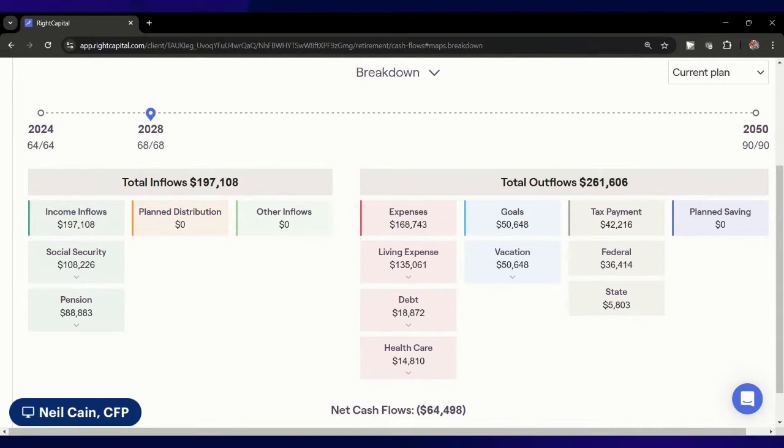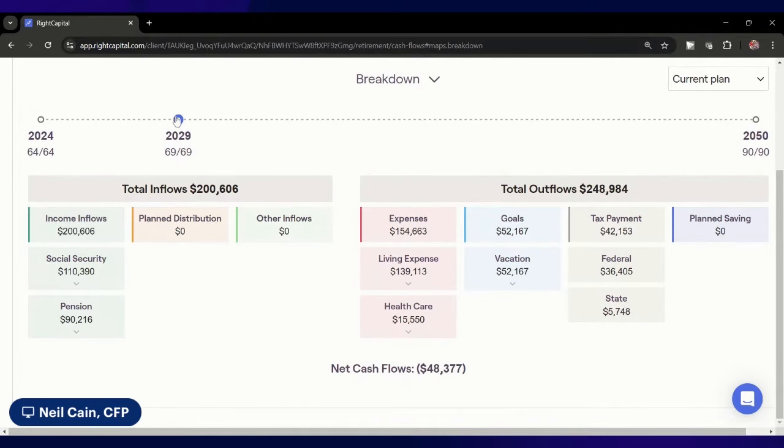And now we've got Social Security, we've got pension, but we are beginning to pay off that home mortgage. We've gone from 24,000 down to 18,000. Our vacation is the same, right? However, our expenses are diminishing. So in our midterm bucket, we've got about 65,000 in year 4 that we want to plan for. By 2029, we've gotten rid of our mortgage, but our vacationing is still the same.